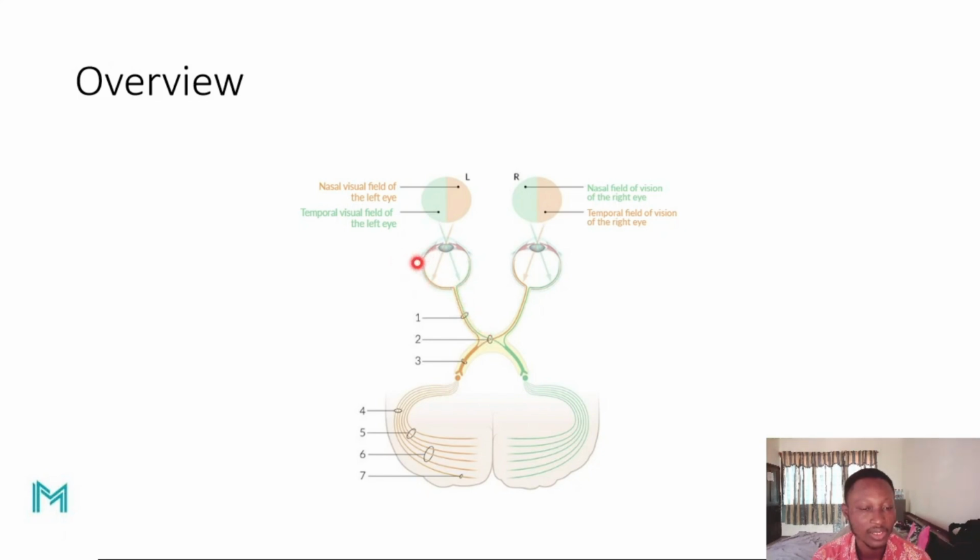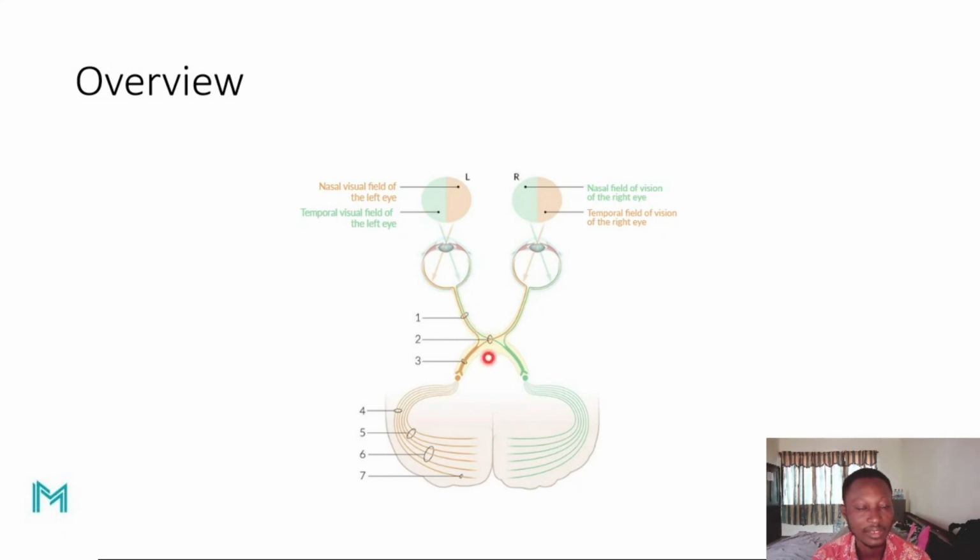So you have these fibers that arise from the lateral aspect or the temporal region of the retina, carry these temporal fibers and they travel in that direction. And these ones that carry stimuli from the nasal aspect of the retina travel in that same direction. So they travel in the nasal or in the medial direction.